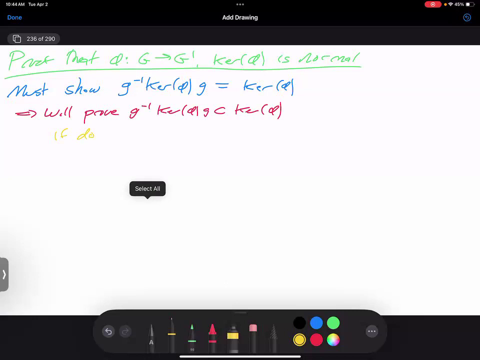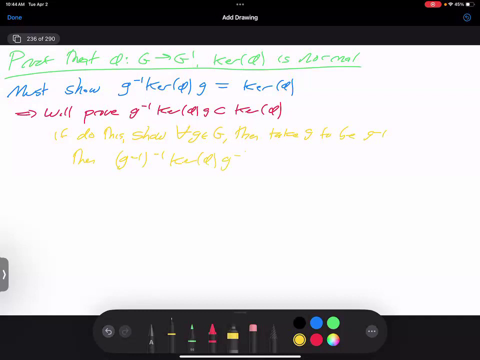If we do this, show for all g, then take g to be g inverse. Then we would get g inverse kernel of phi g inverse is contained in the kernel of phi.